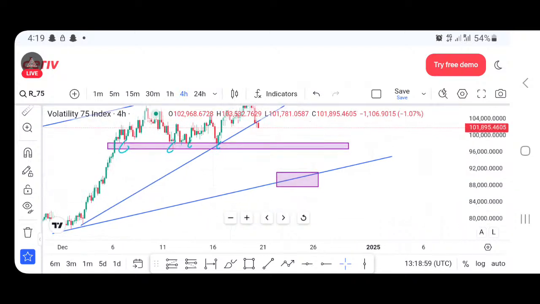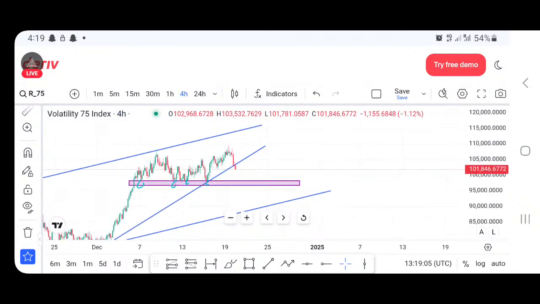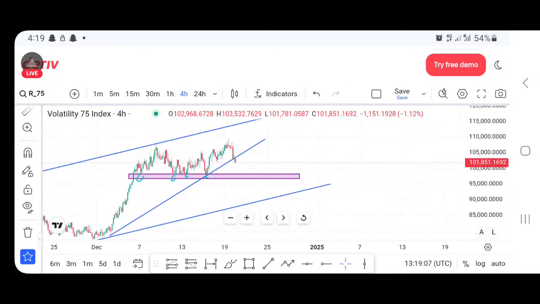So we have seen that. After seeing that, to take our buy, we have to see that H4 or H1 makes these things until it hits down here, which means we can be scalping, and then we hit this area here, guys.